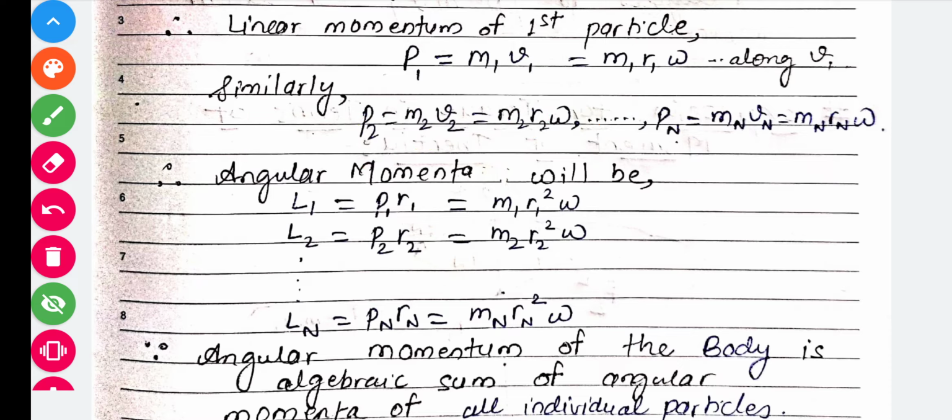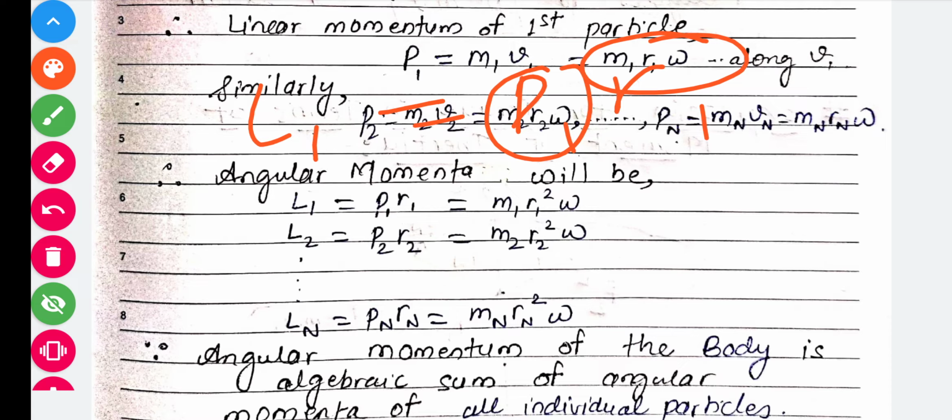So the angular momentum of the first particle, L1, will be p1 r1. In place of p1, I can write m1 r1 omega.